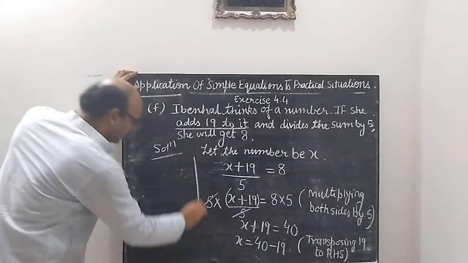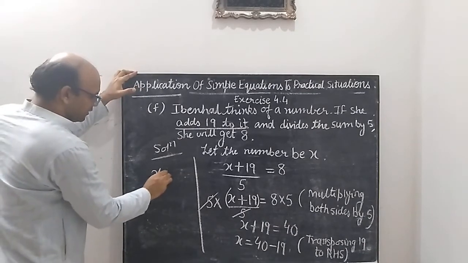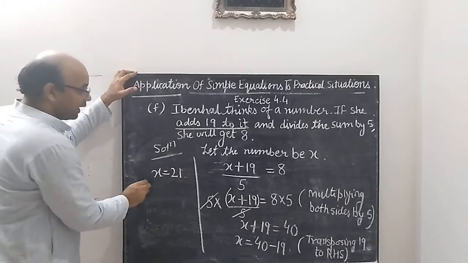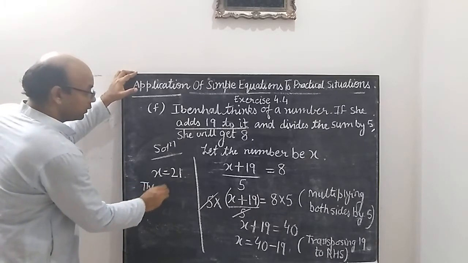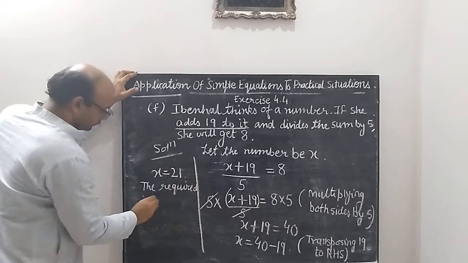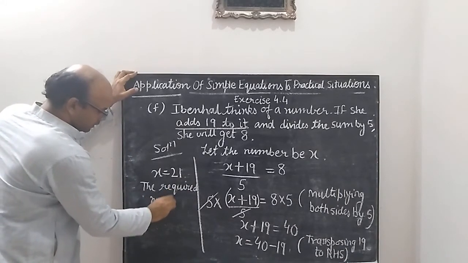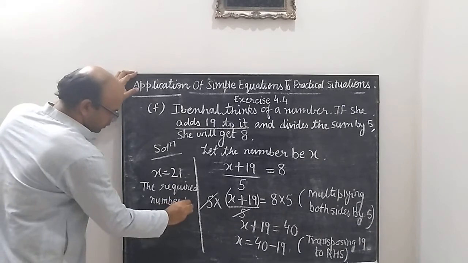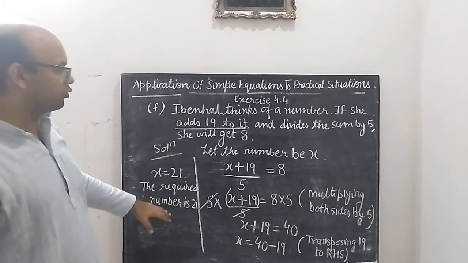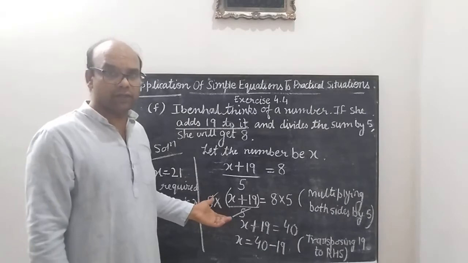And now we get x is equal to 40 minus 19, that is 21. Therefore, the required number is 21, and then you can check your answer orally also.